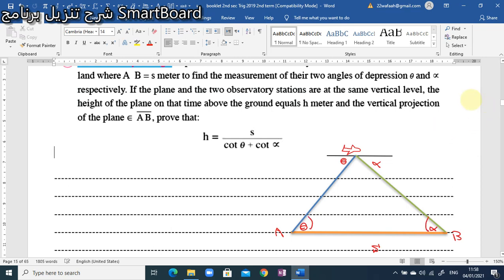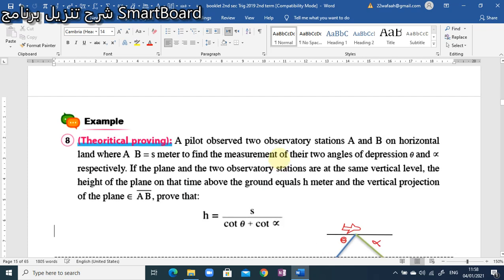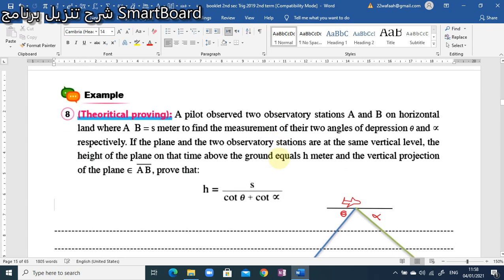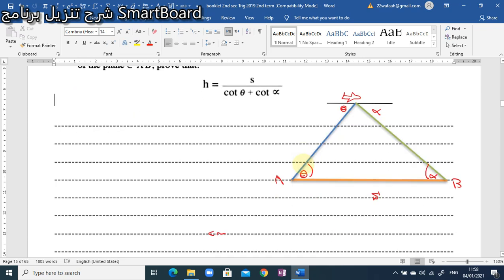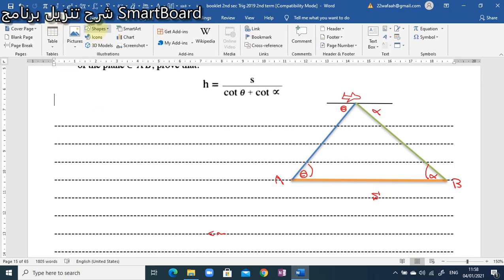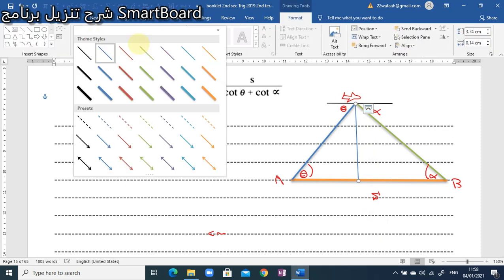So you can find the height h of the plane to the ground like this. This is the height h.